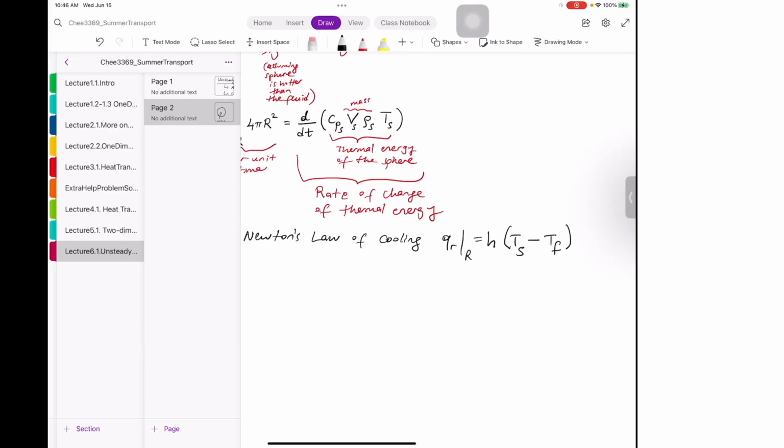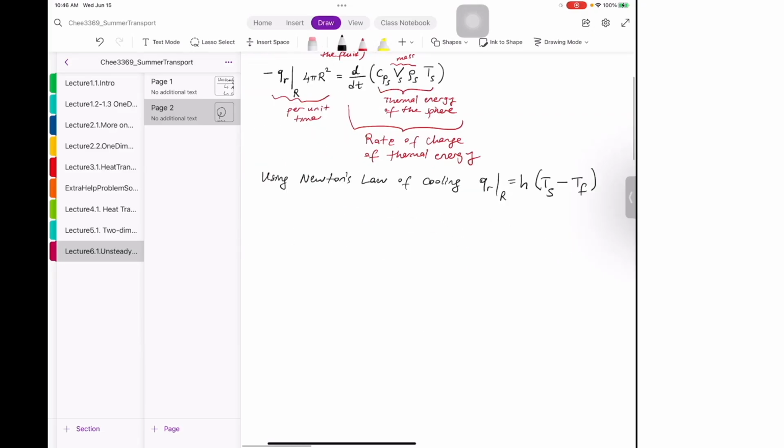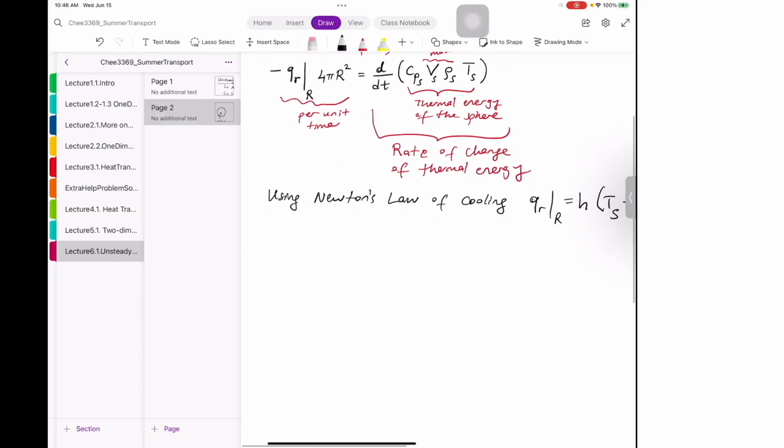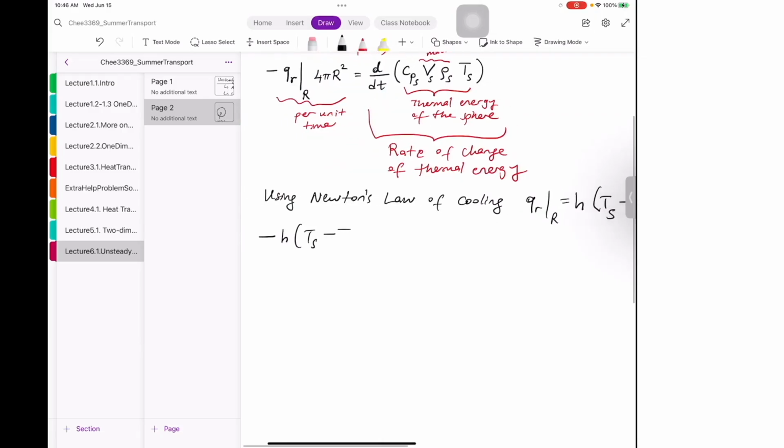Both are functions of time. So you have basically minus H times (Ts minus Tf) times 4 pi r squared is equal to Cps, which is constant, Vs is constant, rho s is constant, and it's going to be the time derivative of the temperature, right?